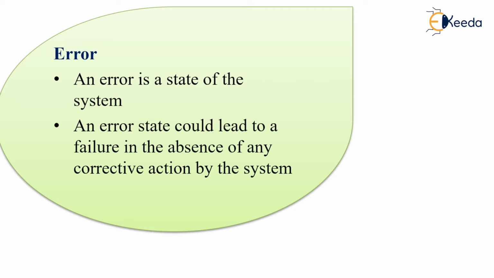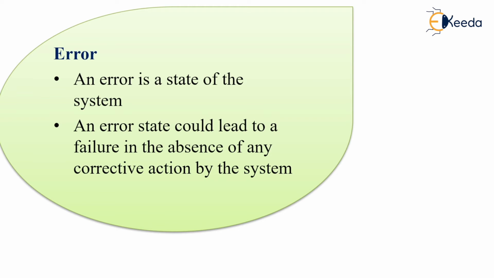A small mistake in code is defined as an error. For example, integer A is not defined, a function is not called, a function is misspelled, or improper use of variables. This kind of mistake you find in your coding.